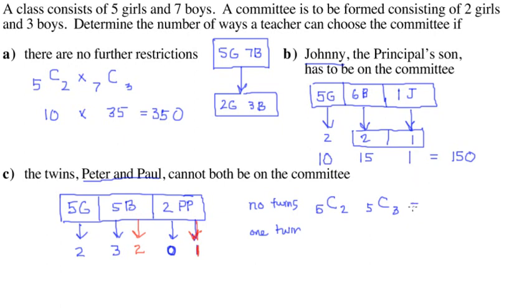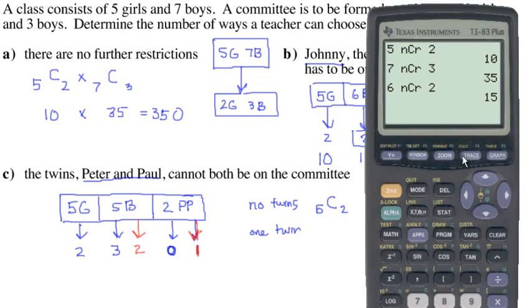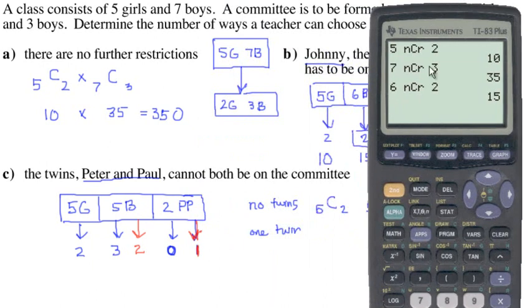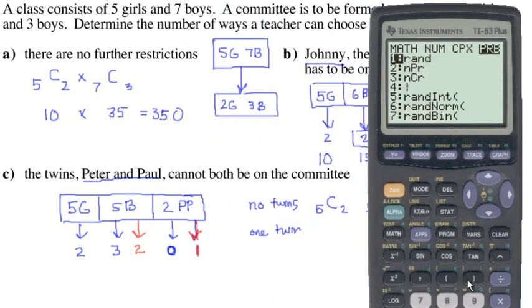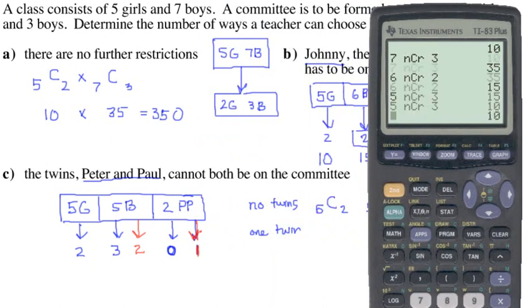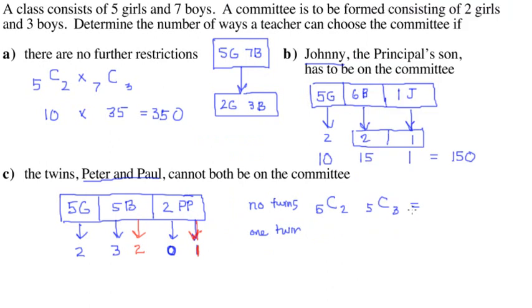But that's the number of committees that have no twins at all on them. 5C2 is 10. We knew that already. And 5C3 is 10 again. So we get 10 times 10 is 100.